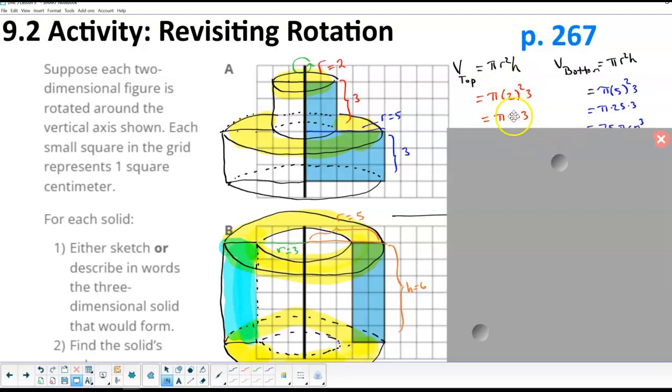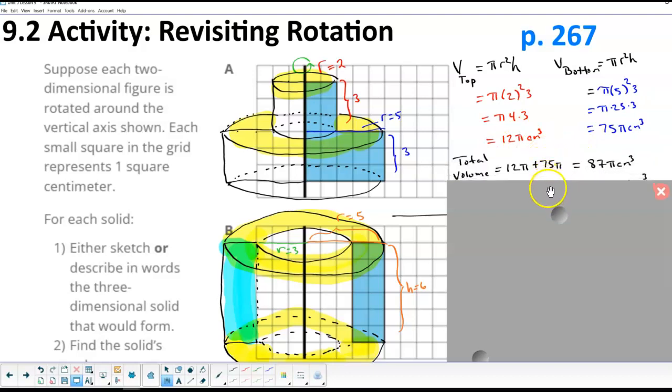So 2 squared is 4, 5 squared is 25, 3 times 4 is 12 pi, 3 times 25 is 75 pi. I actually like to leave my answers as pi. Those are exact answers because there's no rounding when we use pi. So then the total volume is the sum of the top cylinder plus the bottom cylinder. So 12 pi plus 75 pi, which is equal to 87 pi centimeters cubed.